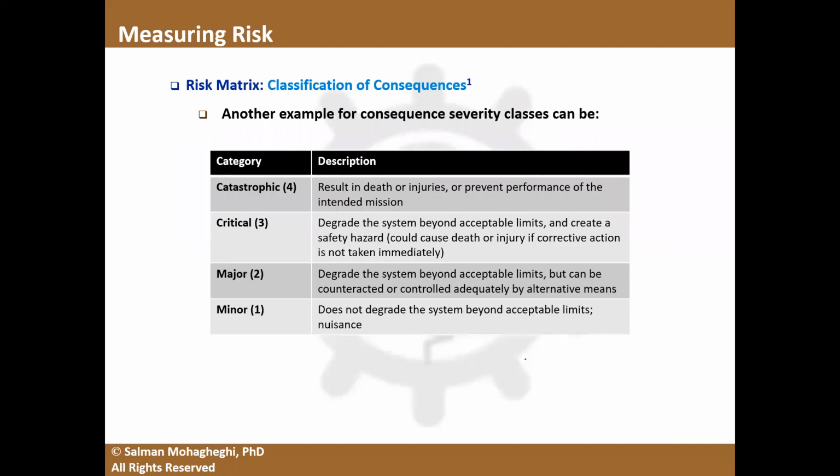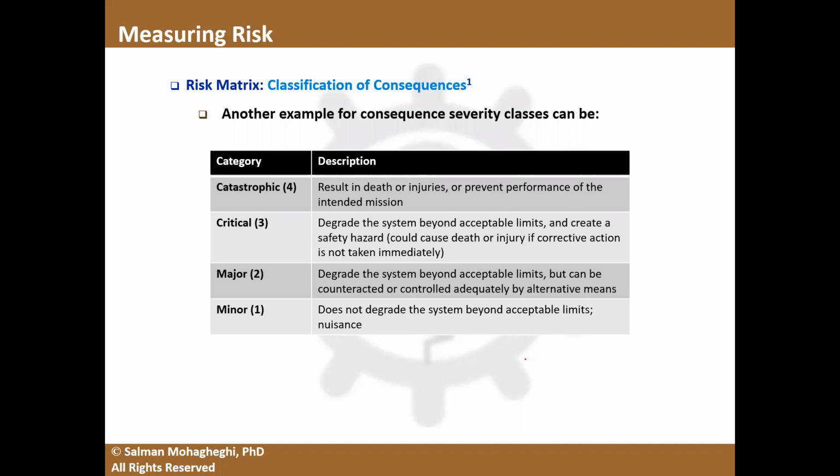Another example would be just to define the severity based on one description and not looking at different categories of people, environment, and property. For example, catastrophic would be an event that results in death or injuries and prevent performance of that system. Critical would be degrade the system beyond acceptable limits.